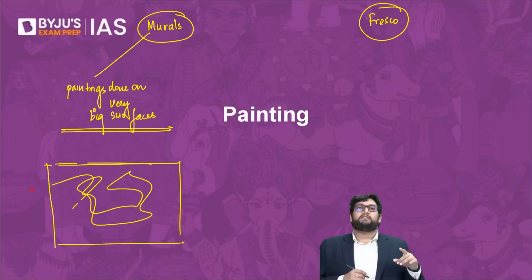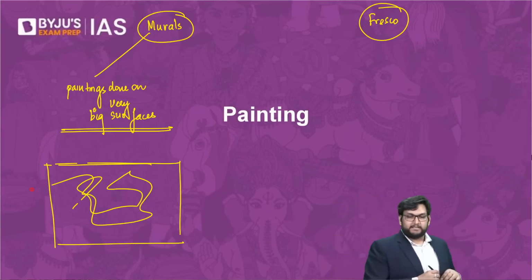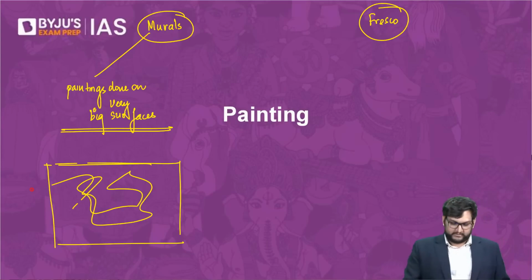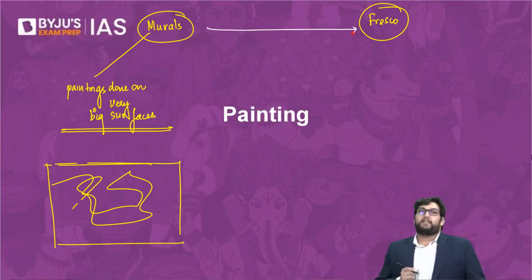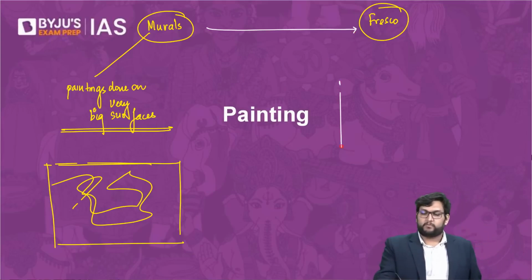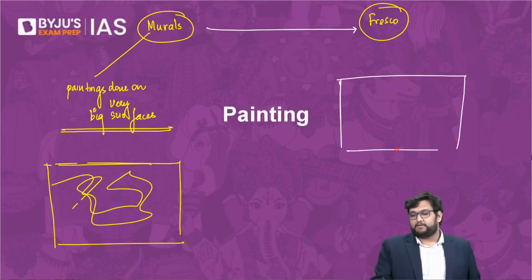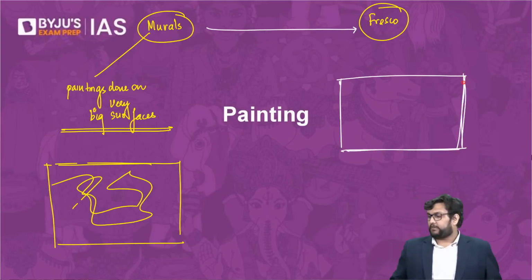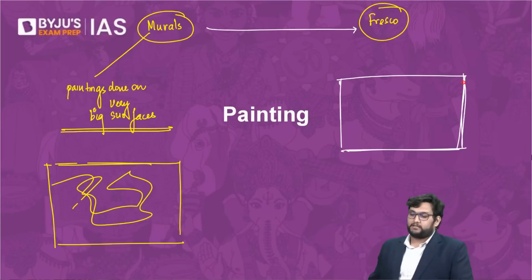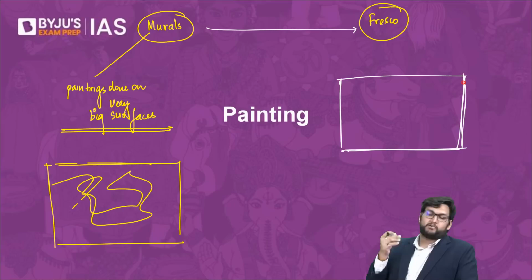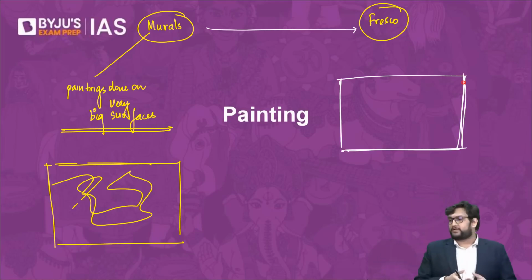Within a mural, there is a subtype called fresco. Fresco is a specific type of mural in which the wall has been plastered, and the plaster, the cement, whatever you want to call it, is still wet because of the water content.